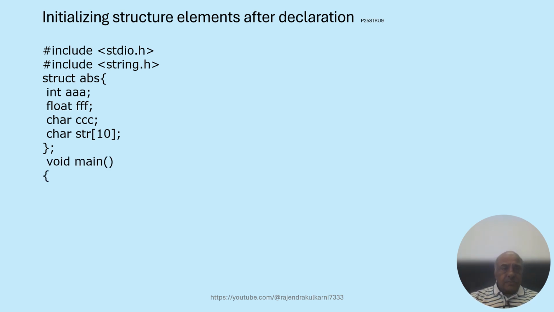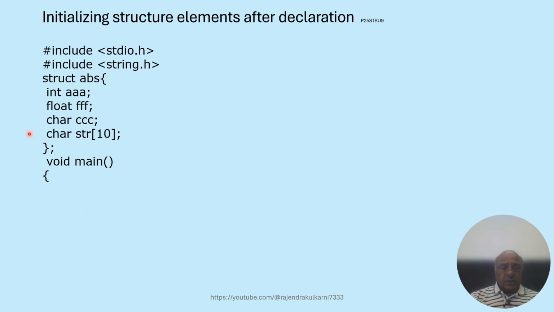This is the program. We have declared a structure named ABS, which has 4 variables as its elements: int AAA, float FFF, char CCC, char str[10]. 10 is the subscript of string str.